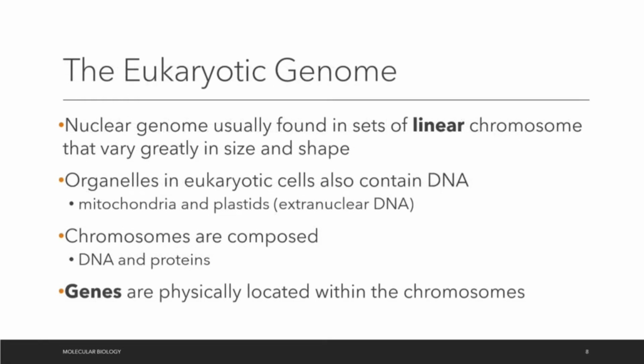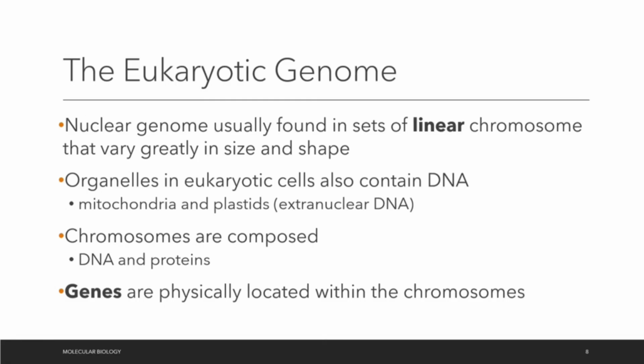So what are eukaryotic genomes like? You may have already learned that the eukaryotic cells have a cell nucleus where they store the genomic DNA inside. So these nuclear genomes are usually found in sets of linear chromosomes, which can vary greatly in size and shapes. Okay.